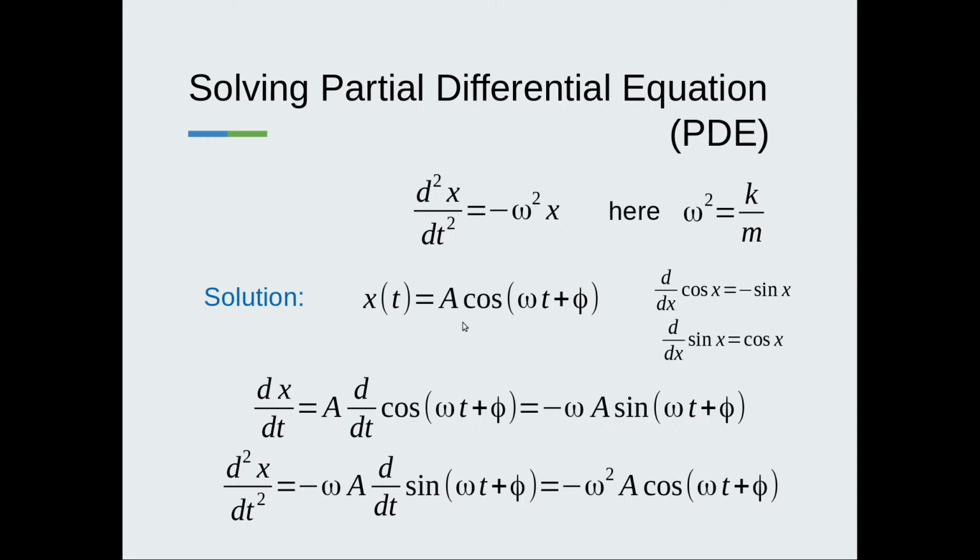I think it could be quite obvious why we have a constant phi here, right? Because when you take the first derivative with respect to time, the phi just disappears, and when you take the second derivative, you don't see it anymore. So it's just a constant here, and it should be there. If you don't put it there, then your solution is not complete.